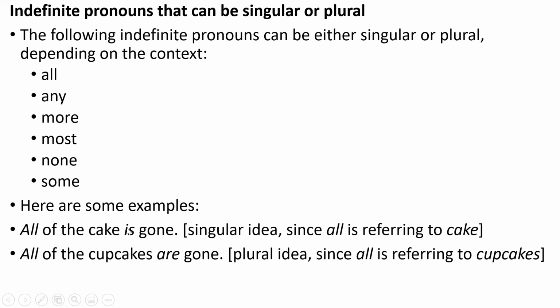So because cake is singular, we're going to have the singular is. Because cupcakes is plural, we're going to have the plural are. But this only applies to basically these 6 words. Otherwise, you should be able to tell based on what word comes before the preposition whether that word is singular or plural, and it doesn't matter what comes after. So again, if I said each of the cupcakes, then the verb becomes is, because each is always singular.